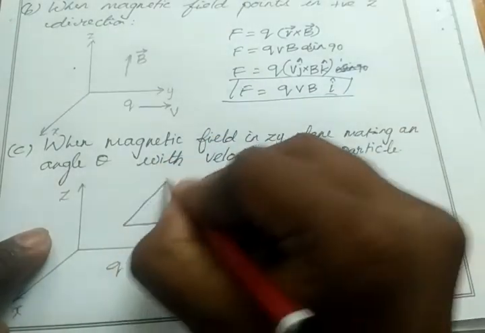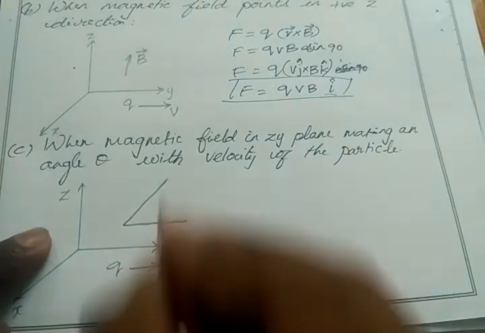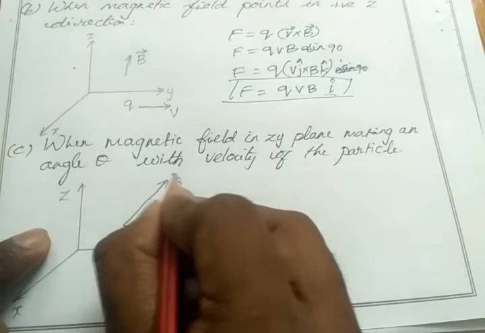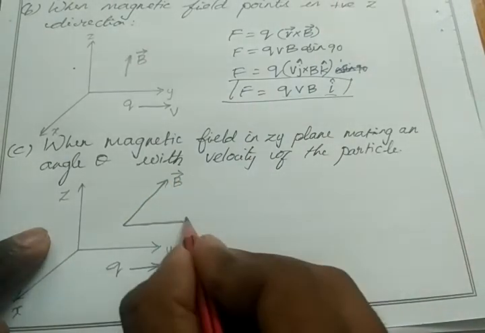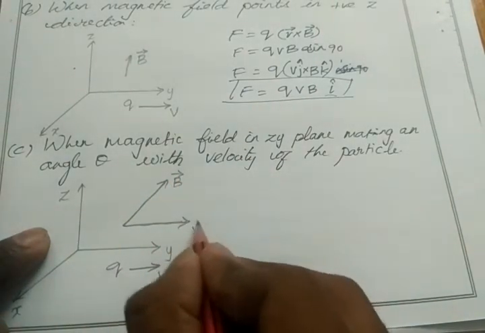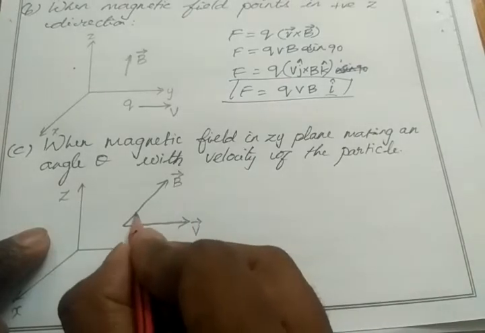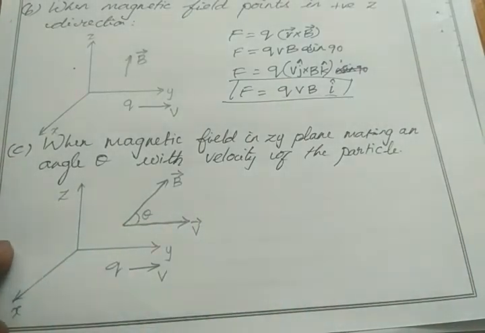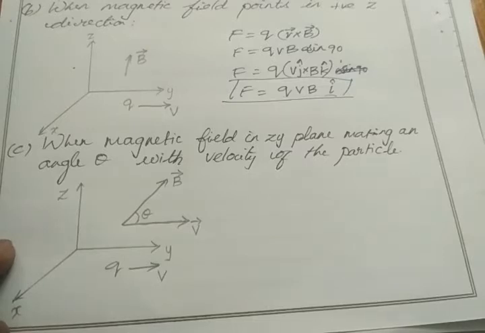So this is my magnetic field and this is our velocity. So it creates an angle of theta, right?